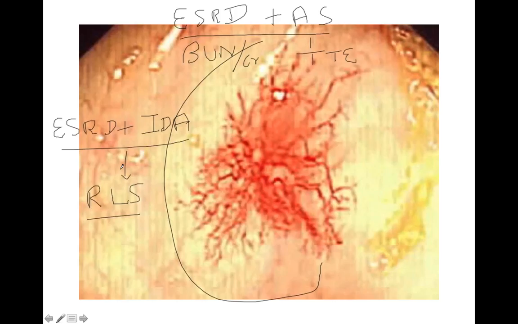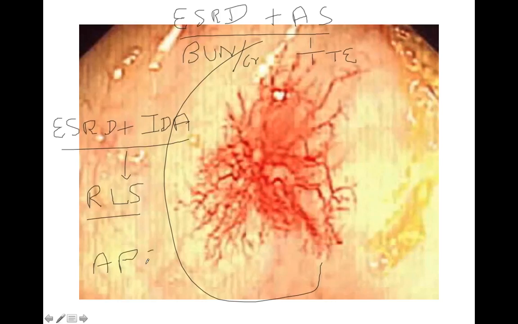Angiodysplasia is basically abnormal blood vessels. In case of diverticulosis also, when bleeding is occurring, we go for colonoscopy and we go for either argon plasma coagulation, APC, or cryotherapy.